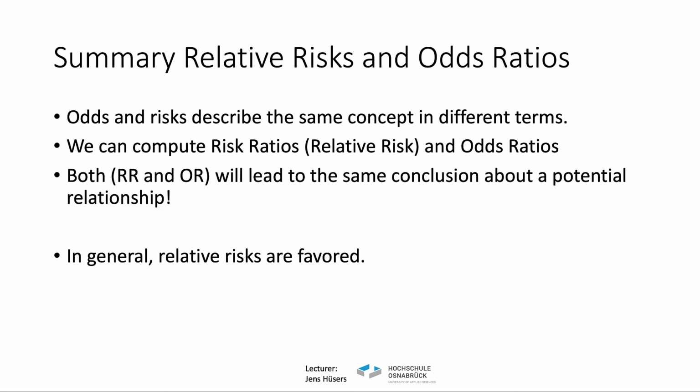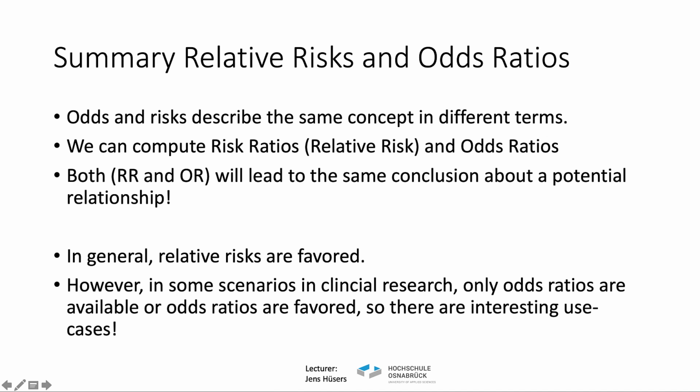However, in general, we favor risks over odds as they are expressed in probabilities, which are more accessible for us as human beings. However, in some scenarios in clinical research, only odds ratios are available or odds ratios are favored by statistical methods. So there are actually interesting use cases for odds ratios, as we will see.